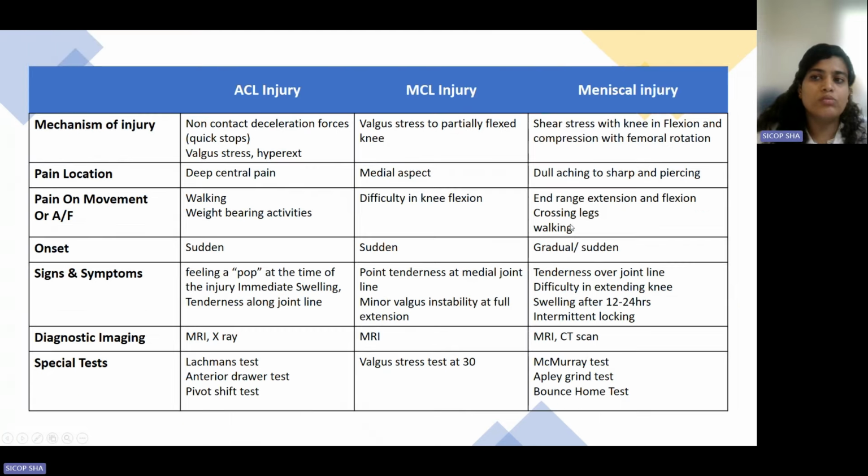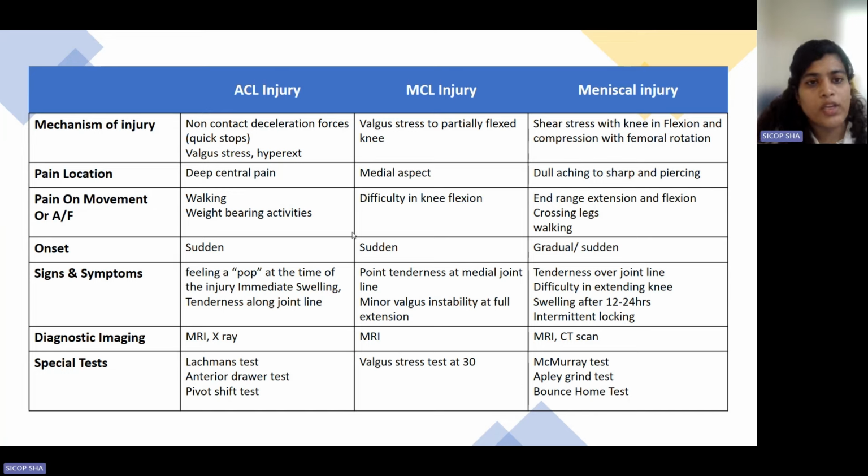Coming back to some other important diagnoses that are usually seen in our clinical setup: ACL injury, MCL injury, and meniscal injury.